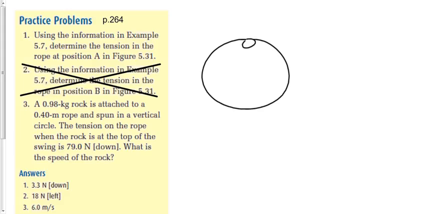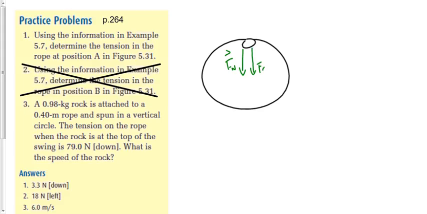Let's not worry about drawing in the string per se. This is a free body diagram showing the forces acting on the rock. We know that this 0.98 kilogram rock has a normal force acting down, or you may have called it the force of tension in the rope, but regardless of what you call it, something is pulling it downwards. We also have a force of gravity acting down.